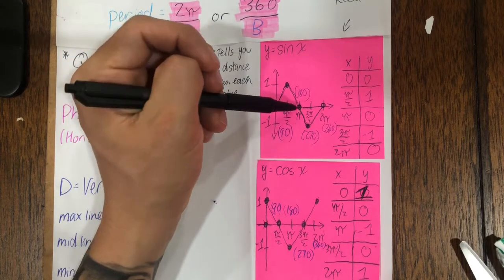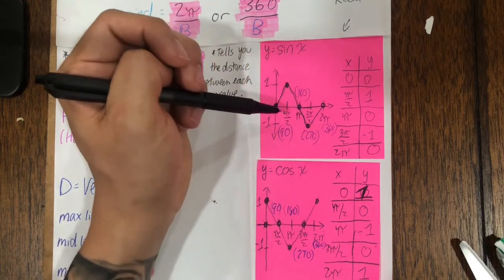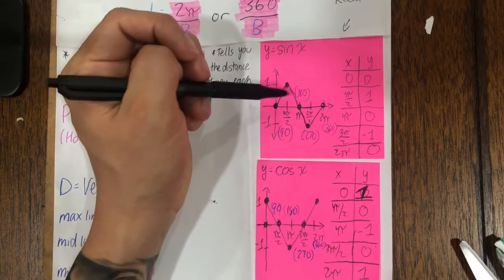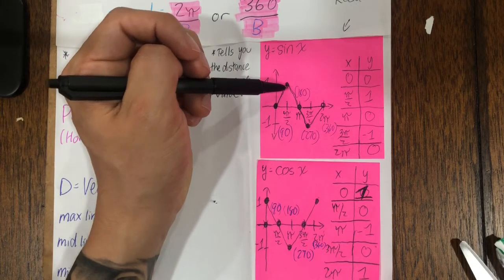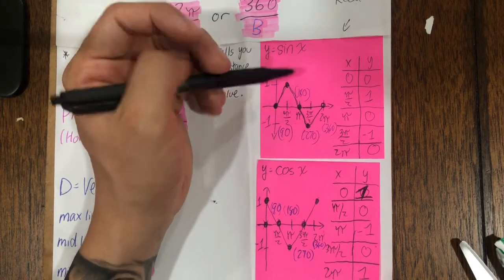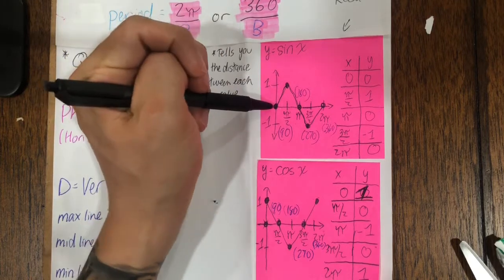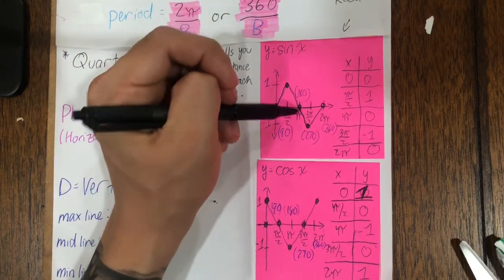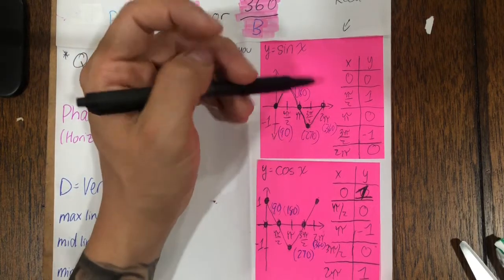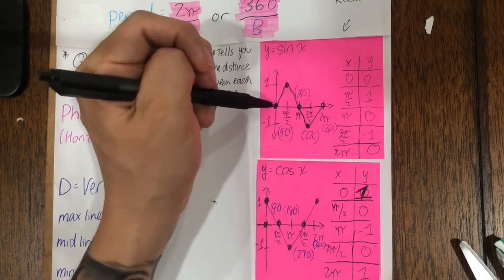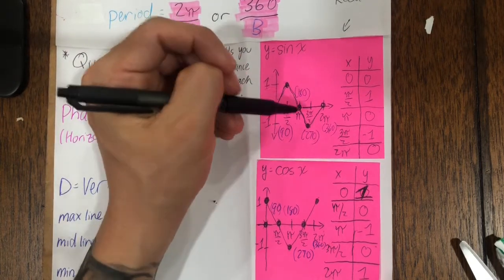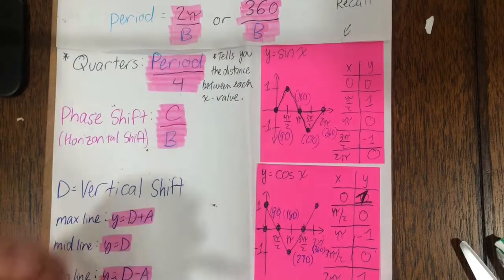All of the points on the x-axis represent the midpoints, and we have our maximum points and minimum points. So we define the pattern as mid, max, mid, min, mid. Again, it is mid, max, mid, min, mid.